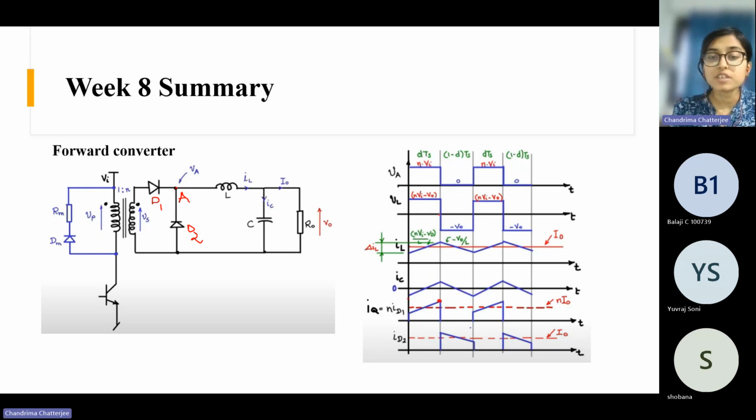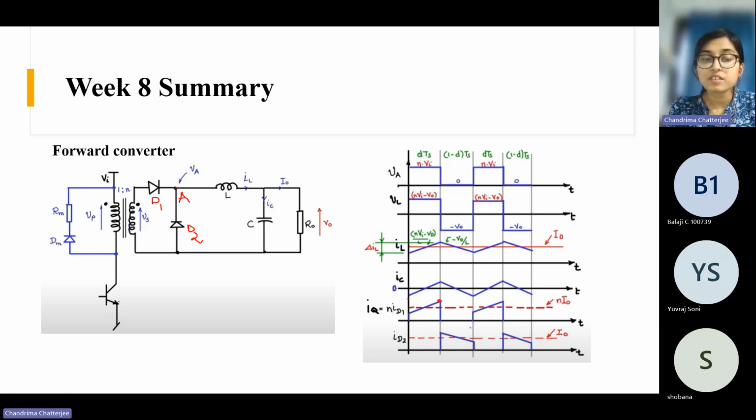And when it is freewheeling, then it is minus V naught. Okay. And again, inductor current rises in DTS period because there is some positive voltage across it, and it goes down in the 1 minus DTS period, right? And the load average current is basically the inductor average current. They are same. And this ripple portion goes through the capacitor, same as buck converter.